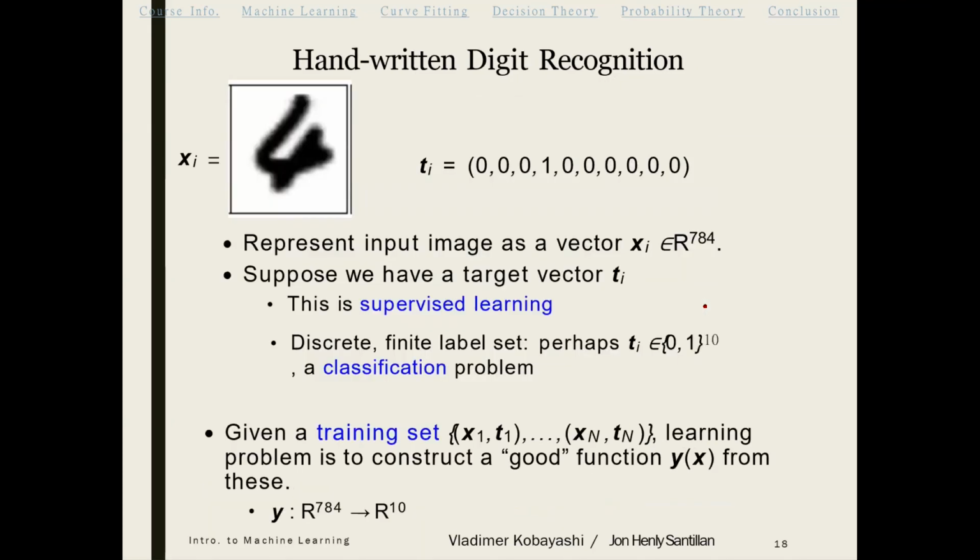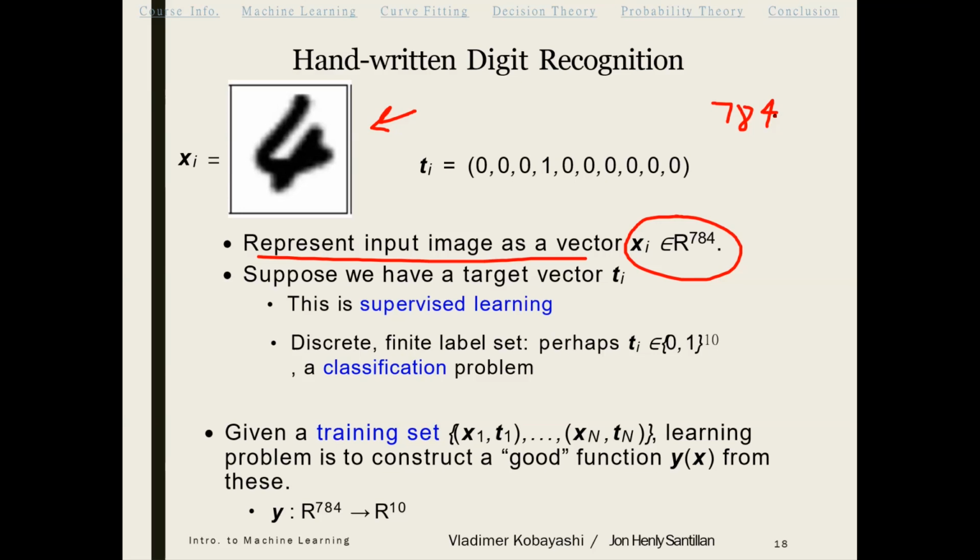Okay. So for example, in this case, mukha 4 siya pero mukha ding 6. So how do we represent this? I represent this as an input image, R^784. This 784 is based on the resolution of the image, 28 by 28 image pixels. Kung perfect square, kukunin nyo lang yung square root niya.